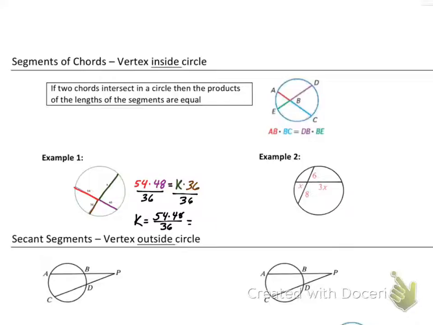Do you have a calculator? Yeah, 72. That equals 72. I just multiplied 54 times 48 and then divided 2592 by 36, which is what 54 times 48 was.